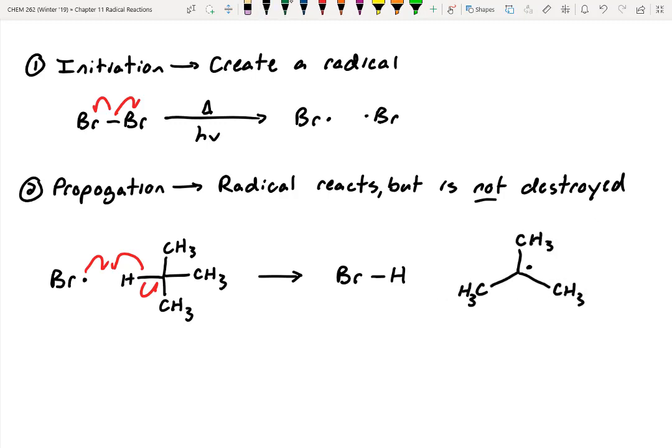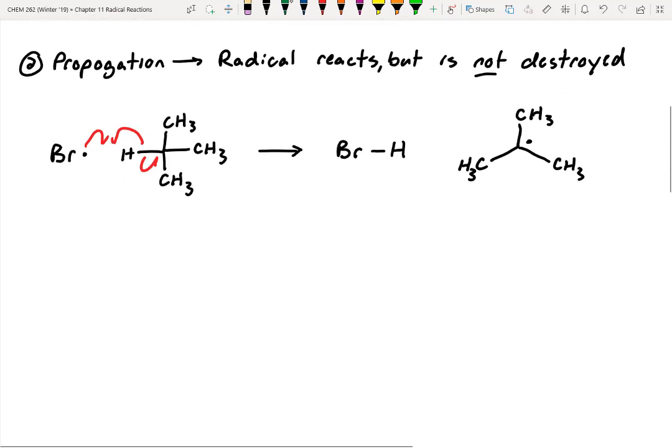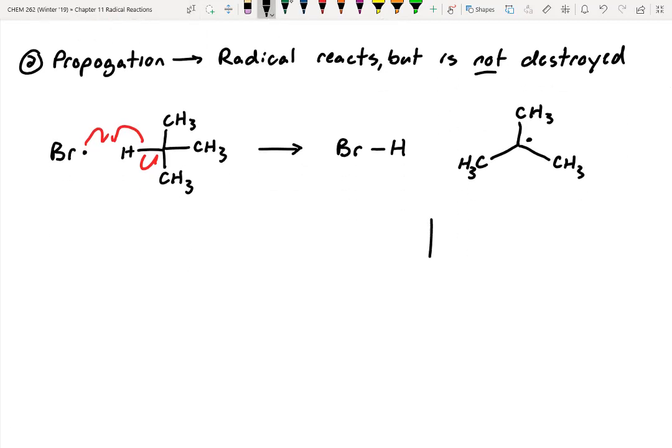However, if you go back up and look at my definition of propagation, it says that the radical we created in step 1 reacts, but it shouldn't be destroyed. However, I don't have a bromine radical anymore. That means we need to regenerate it somehow. So in the next step, you still have some bromine around from step 1 that wasn't cleaved, meaning it didn't undergo complete homolytic cleavage.